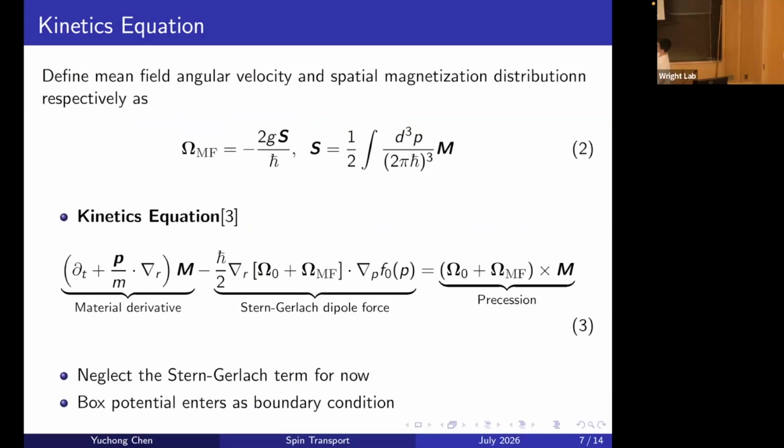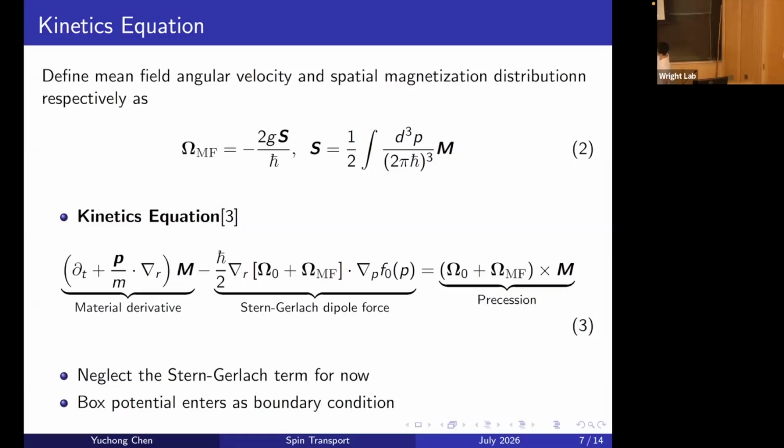So in the kinetic equation, we'll define two additional terms. One is the mean field angular velocity, which basically characterizes how strong the mean field interaction energy is. And the other is S, which is the spatial magnetization vector. It's basically integrating the phase-space distribution over momentum, so if you integrate that out, you will get the spatial distribution of the magnetization vector.